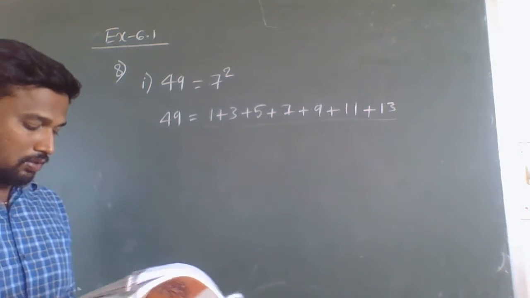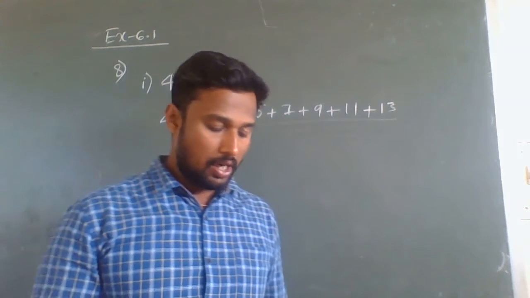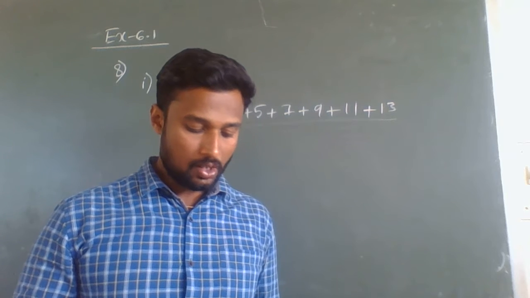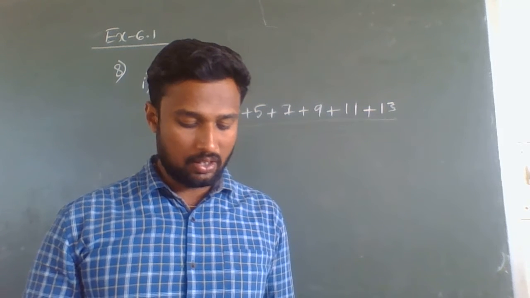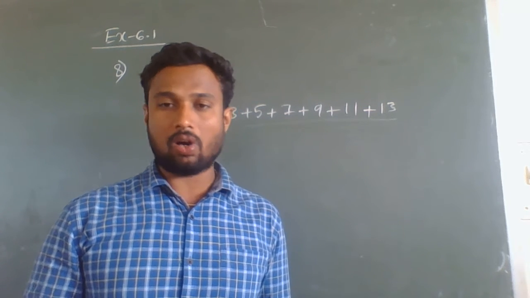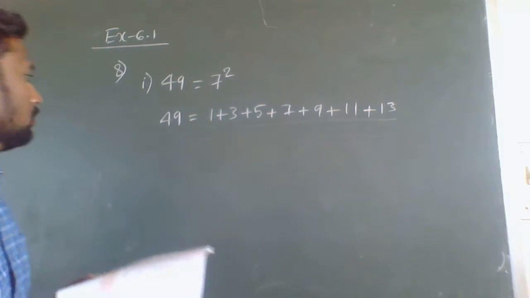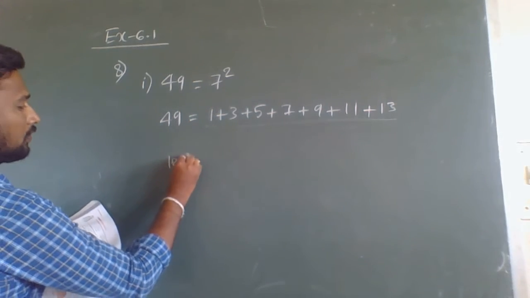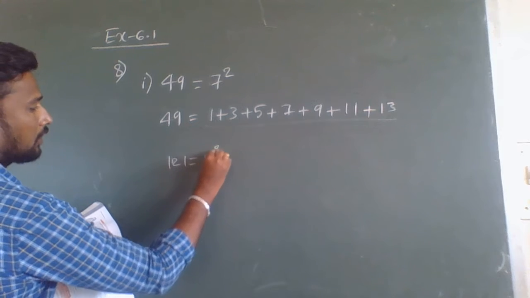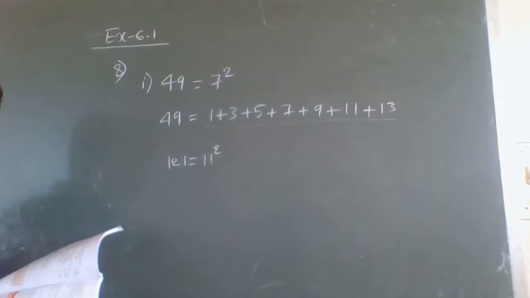Like this only, they have given another number here, 121. Express 121 as the sum of 11 odd numbers. So what you should do here: 121 is equal to 11 square. 11 square means 121 only.